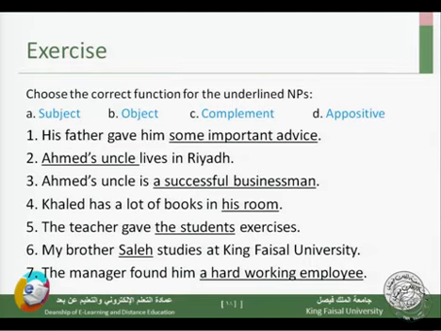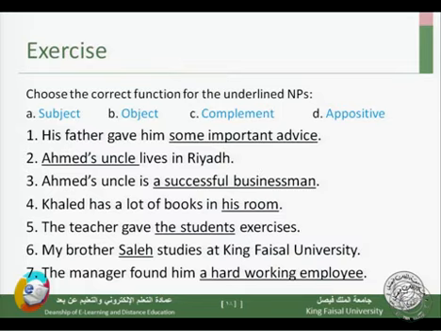Here we have his father, which is a subject, and gave, which is a verb, and then him something. He gave him something. So some important advice is an object of the verb gave, and also him is an object of the verb gave. So we have two objects here. One of them is direct and one of them is indirect.